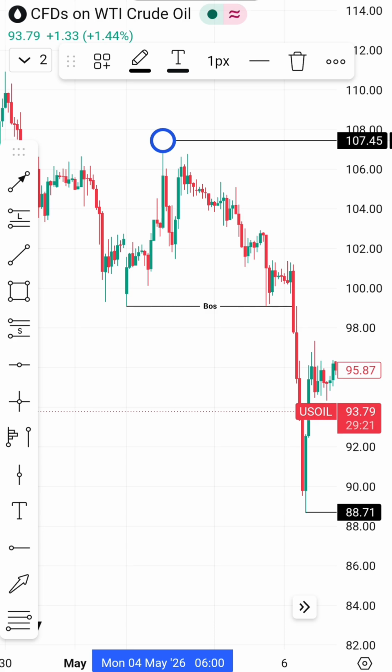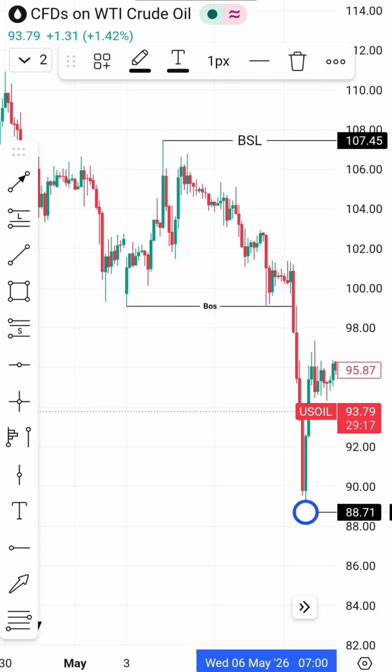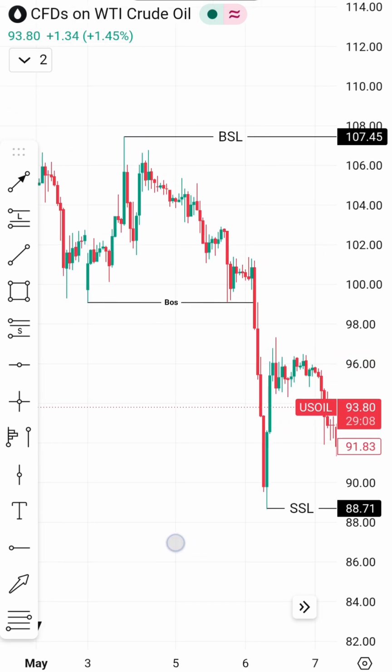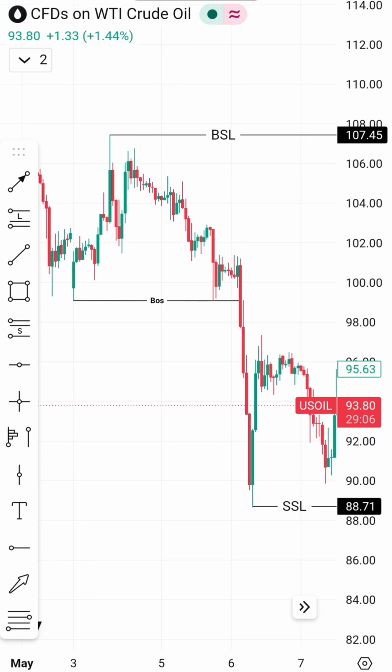Most of the time, people call it buy side liquidity. The lower side, people call it sell side liquidity. Okay? Once the market starts pulling back, you remember, you don't trade against the trend. You trade according to the trend. If it is bearish, you look for sells.